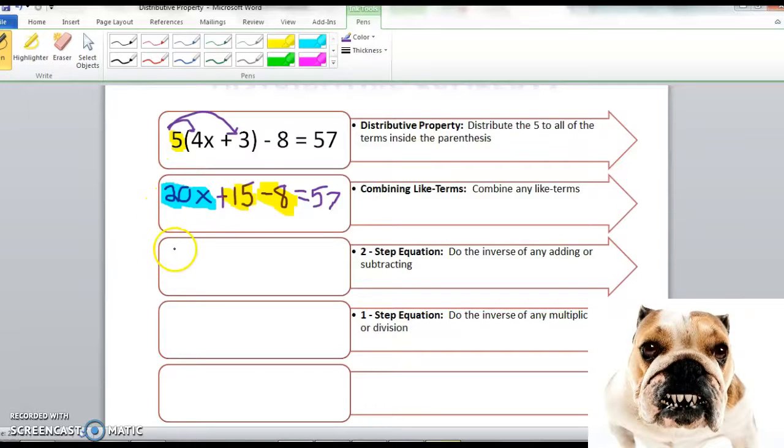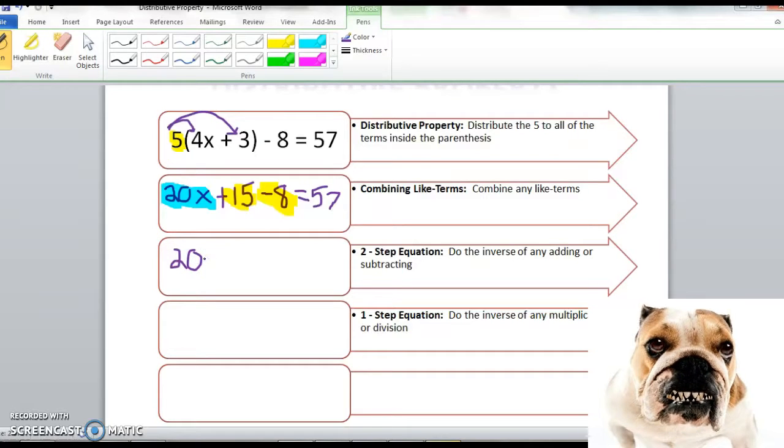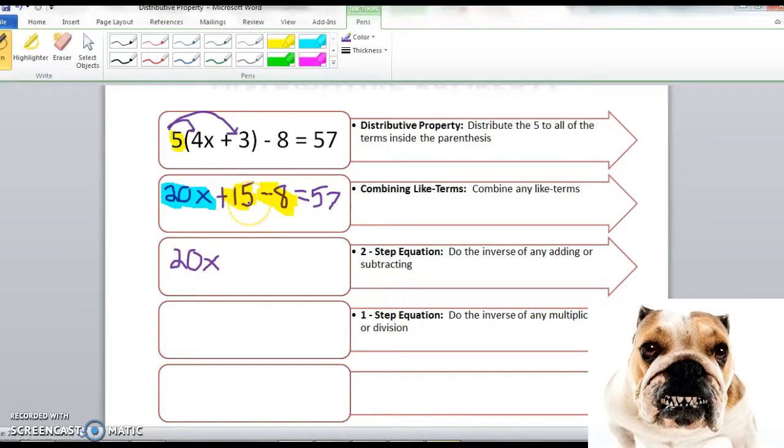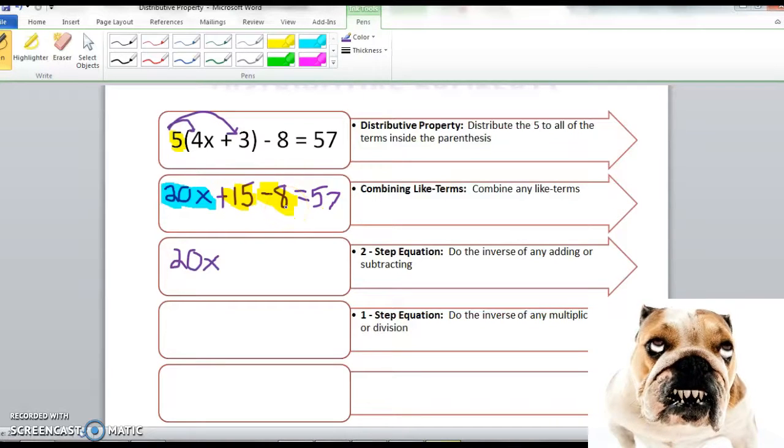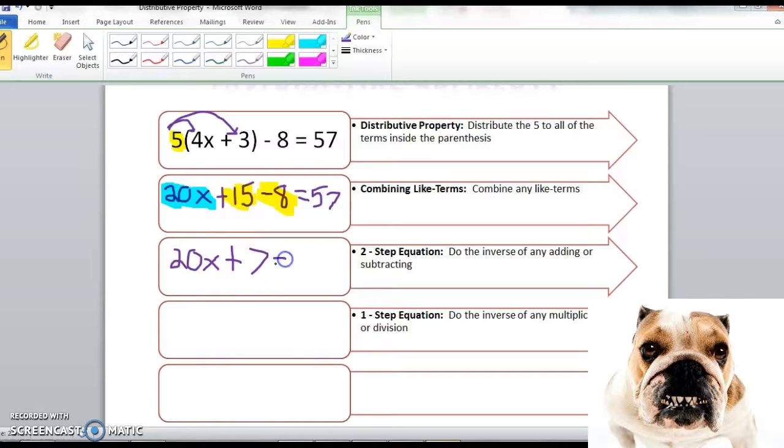So 20x cannot be combined with any other term. So 20x, I'm going to combine plus 15 minus 8. Positive 15 minus 8 is equal to plus 7, which equals 57.